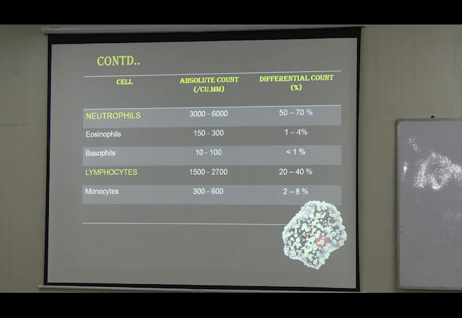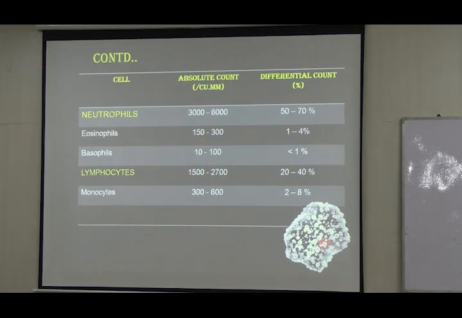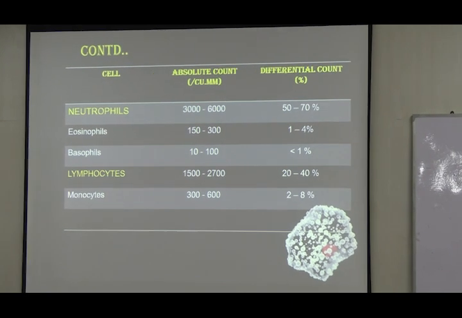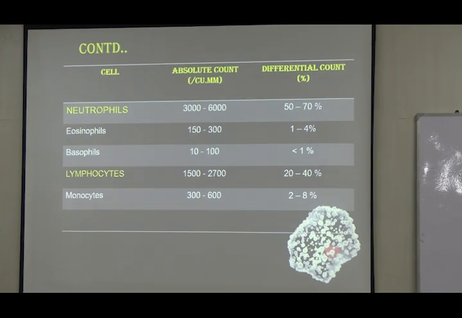Neutrophils, these are called differential count. See, when a patient is advised for a blood test, it is written TC, DC, ESR, hemoglobin. So DC stands for differential count, because we know WBCs are of different types.